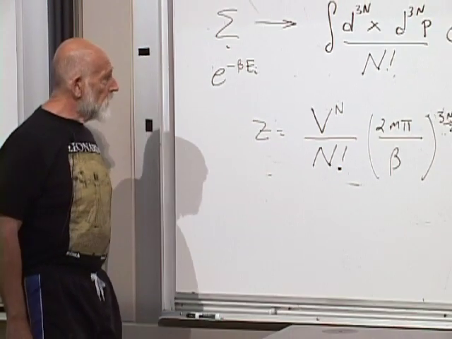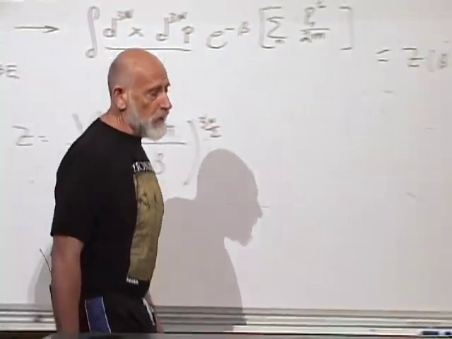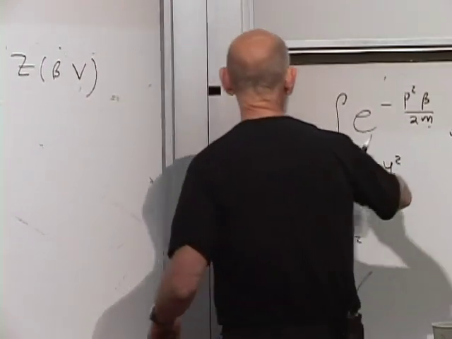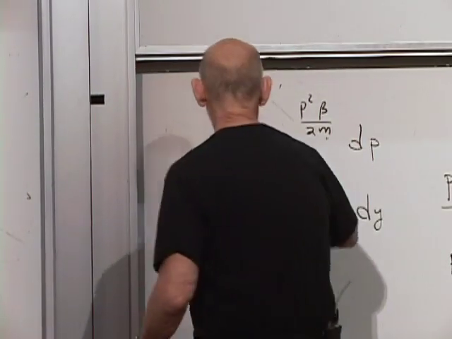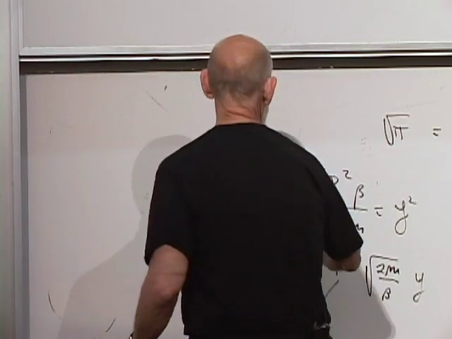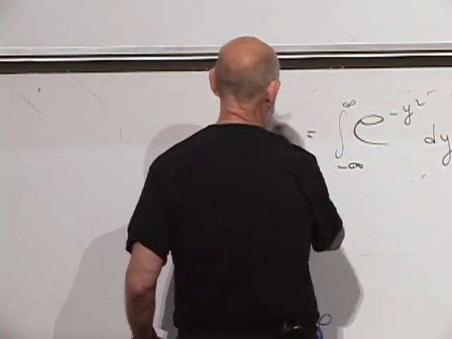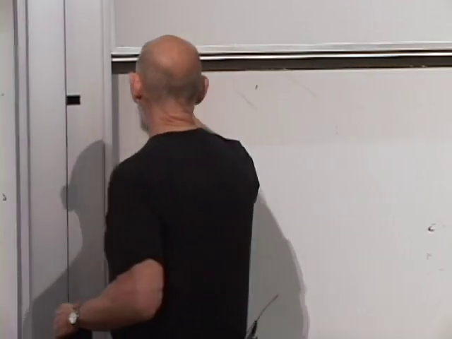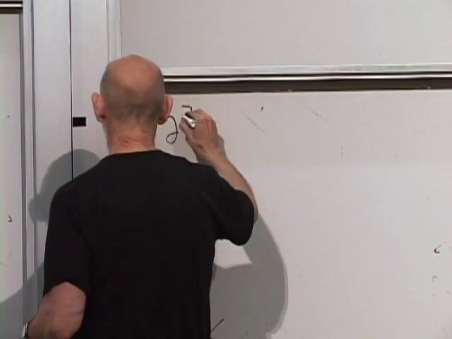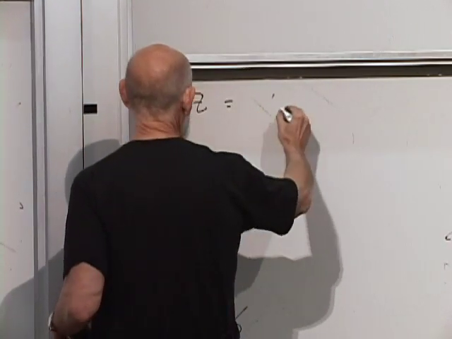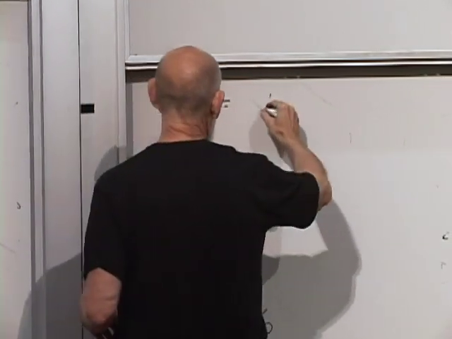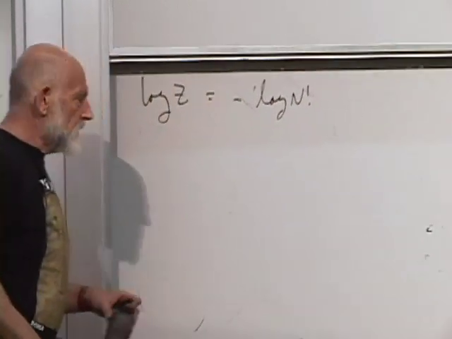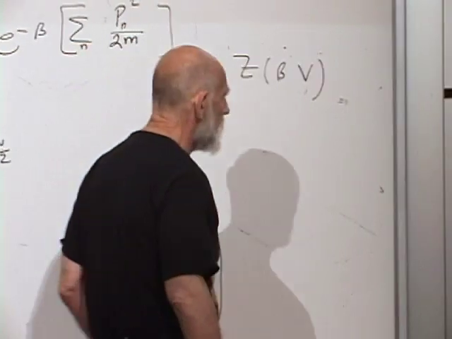Now, first of all, let's calculate the energy per particle. Oh, before we do that, let's take the logarithm of it. I want the logarithm of Z. The logarithm of Z is equal to minus the logarithm of n factorial over here.